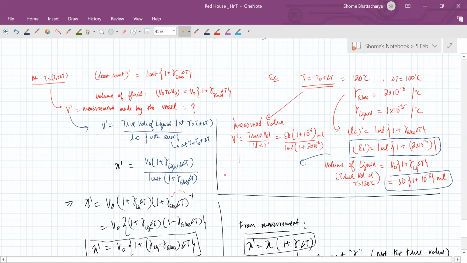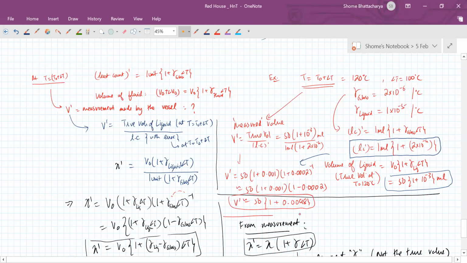Okay, so the measured value is becoming 50 into 1 plus 0.001 into 1 plus 0.0002 to the power minus 1, which is approximately 50 into 1 plus 0.0098.